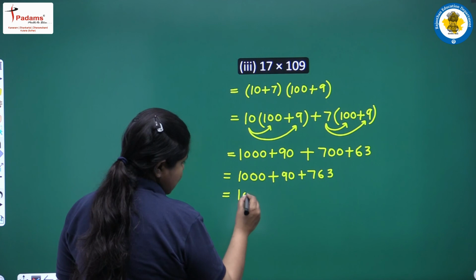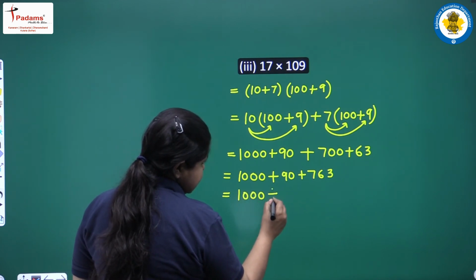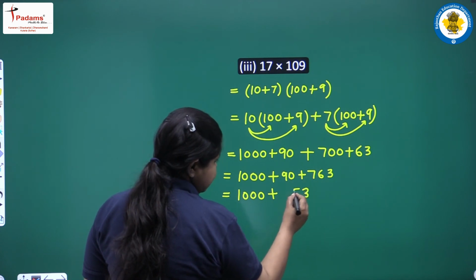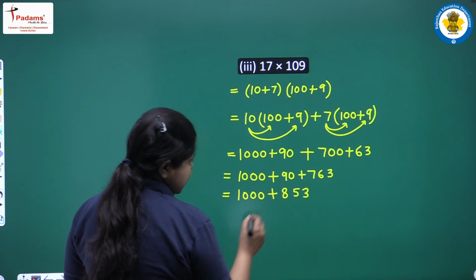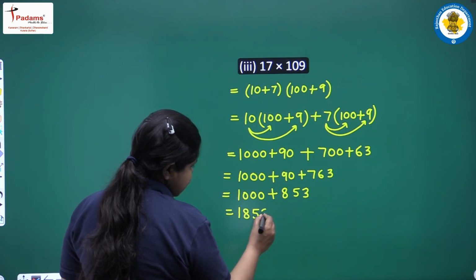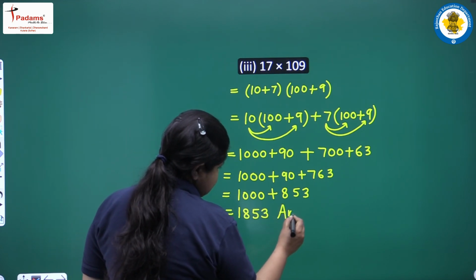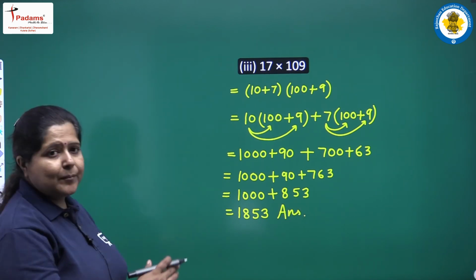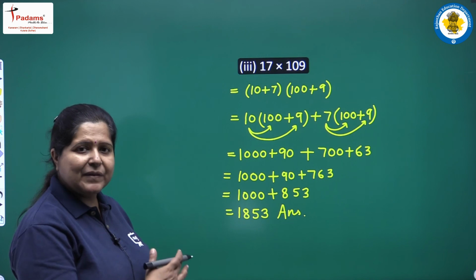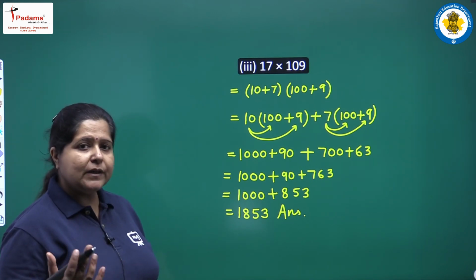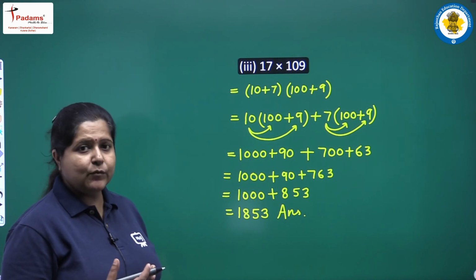Again add, 1000 plus 3 will be coming in the units place. 9 and 6 is 15, 853, or 1853 is the answer. In this way we have expanded the number and by using brackets we have got the answer different from the usual method that you were following. It is an easy one.